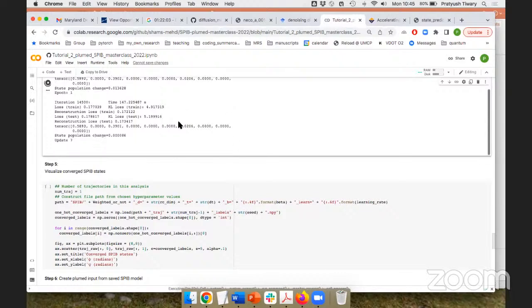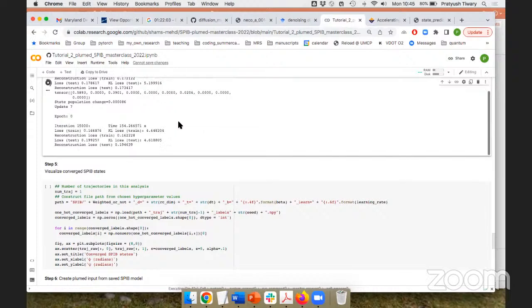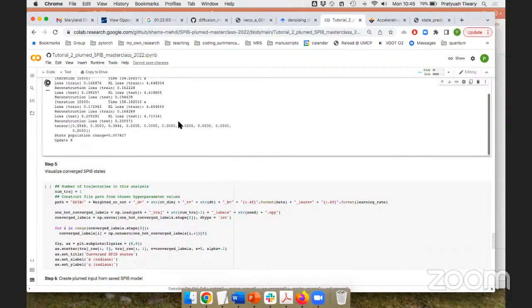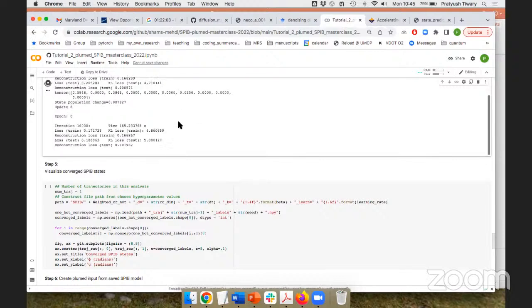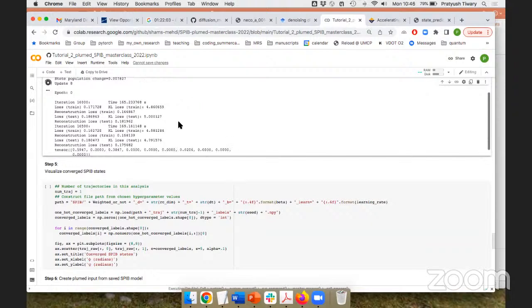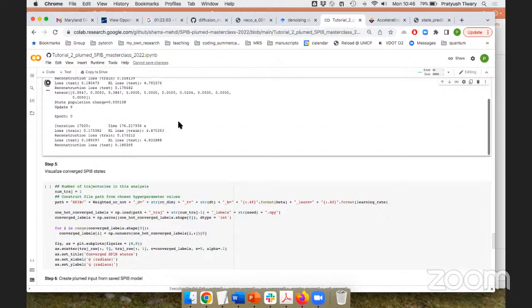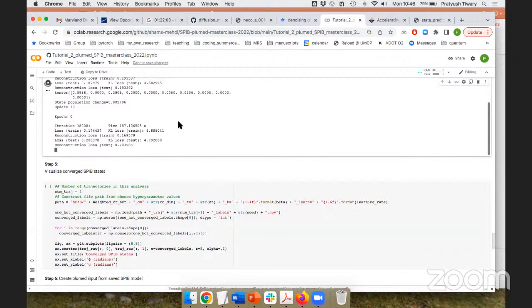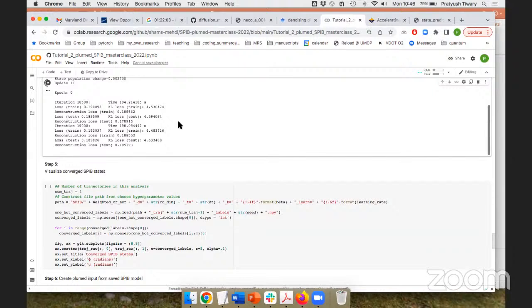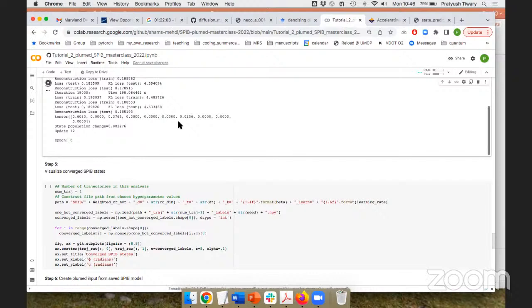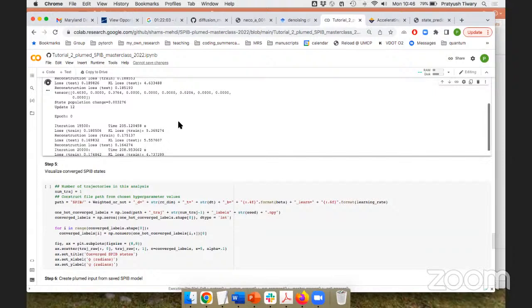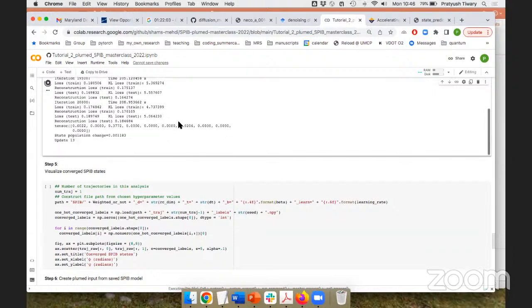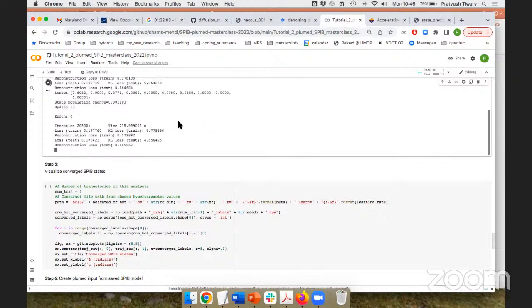But as we can see, it seems like the result already converged from the state populations. Let it go till 15. Almost there.